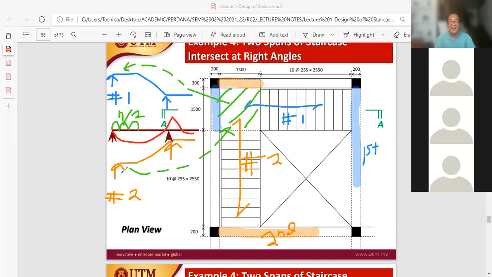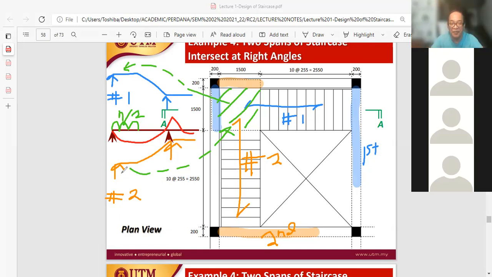It's just to highlight that if we have 2 independent staircases intersecting and sharing a single landing, then logically the loads on the landing, half of it will appear in flight number 1, another half will appear in flight number 2. Itu je. That's about it.